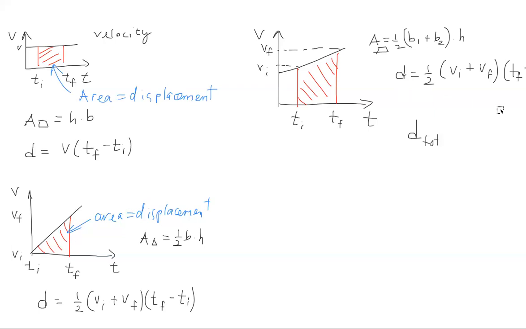Total displacement equals average velocity, so I'm writing the whole word, but later I'll just write AVE, times delta T. So a couple of important points here. I'm going to box this one.